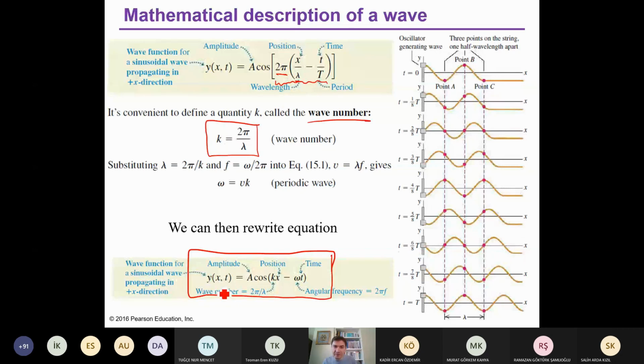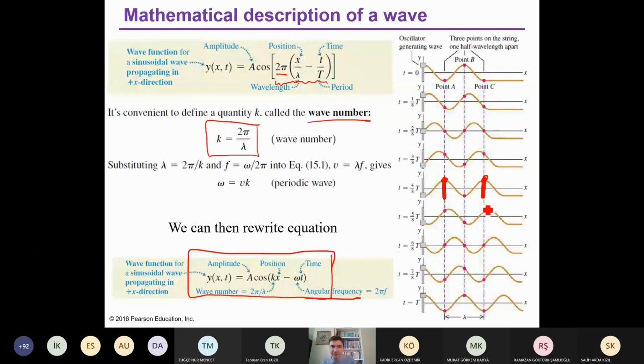Okay, so this particle is moving with periodic motion along the y-axis, and its position changes by time, and it is given with a cosine kx minus omega t. Omega is the angular frequency and k is the wave number, x is the position. So if you would like to investigate the displacement of this particle along the y-axis, then you have to change the x within the equation.